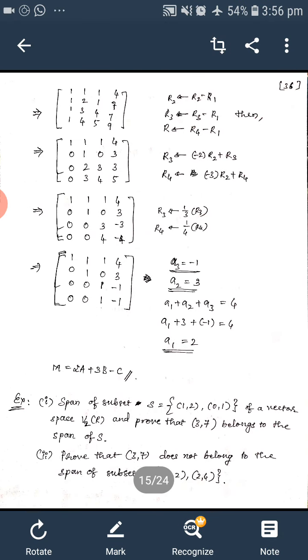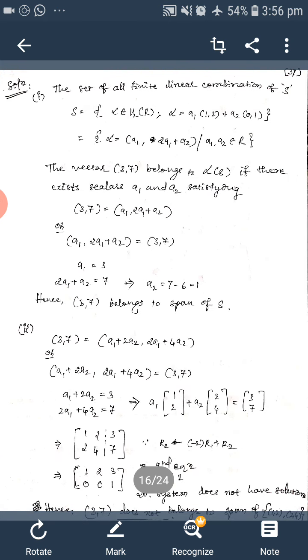So here the problem is 1, 2 and 0, 1. How have these equations come here? Here 1 and 2, they have taken in reverse.